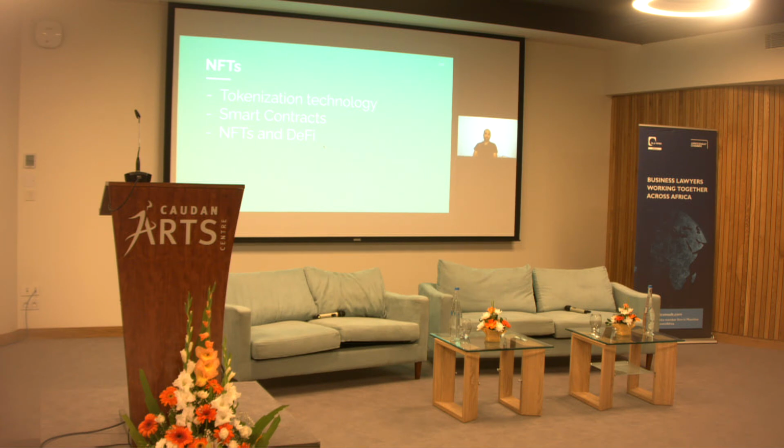Now, NFTs, or non-fungible tokens, are still tokens, but they represent something basically unique. A unique item is represented by an NFT. That is the concept that applies for NFTs. And NFTs again use smart contracts.